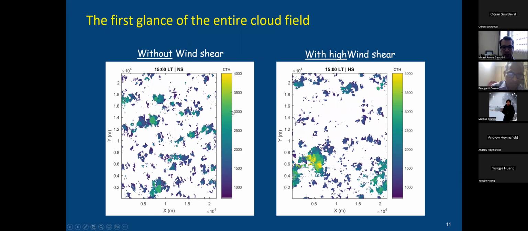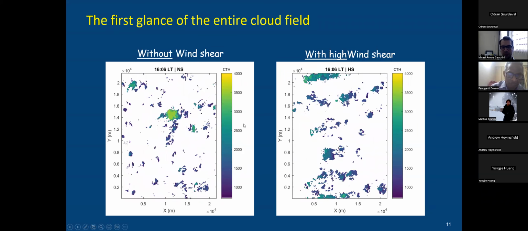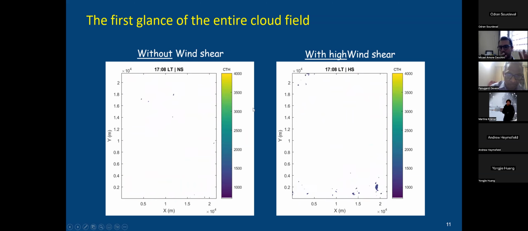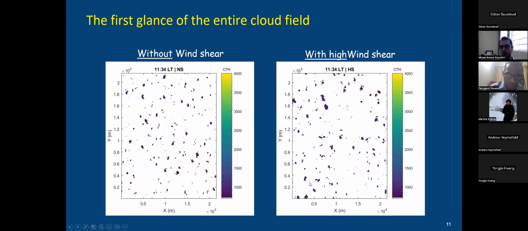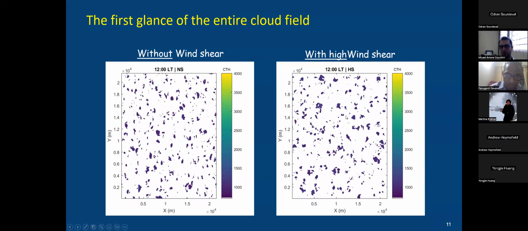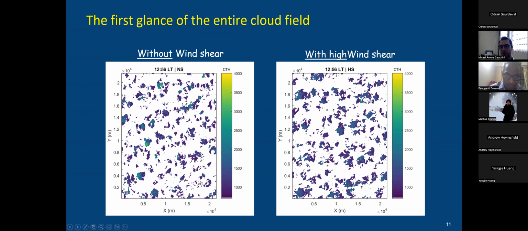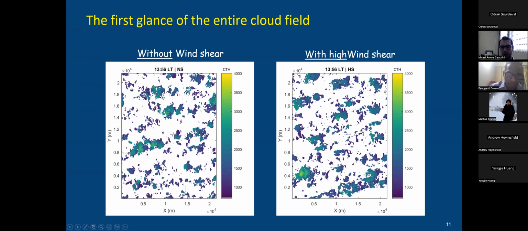What I wanted to highlight here is, let me look again. On the left, you will see that the clouds are slightly more spread, and on the right, they tend to cluster together a little bit more in the afternoon, around 1 o'clock. You see it, but it's much harder to see than in the paper I showed earlier.